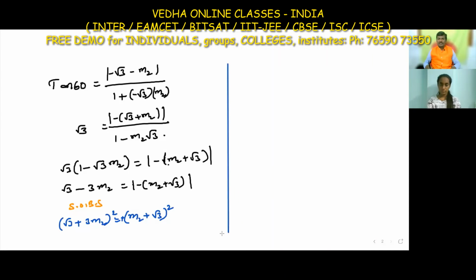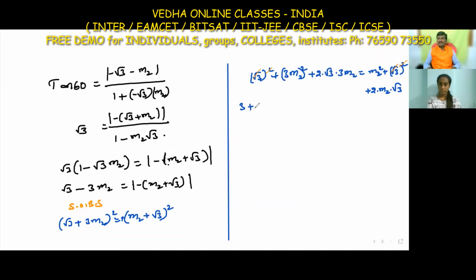Using (a minus b) whole square, it becomes a square plus b square, that is root 3 whole square plus (3m2) whole square, minus 2ab, 2 into root 3 into 3m2, equals m2 square plus root 3 whole square plus 2ab, 2 into m2 into root 3. The square and root get cancelled here.